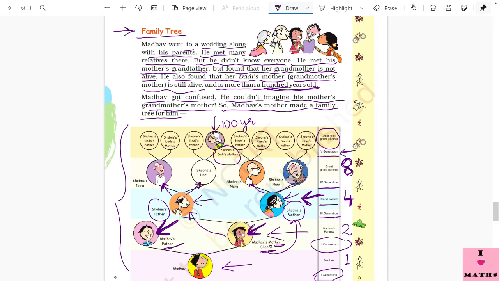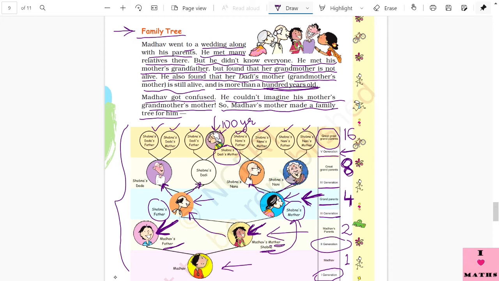In the fifth generation, how many people are there? Let us count. 1, 2, 3, 4, 5, 6, 7, 8. 8 people from his mom's side and 8 from his dad's side. So there will be 16 people in fifth generation.